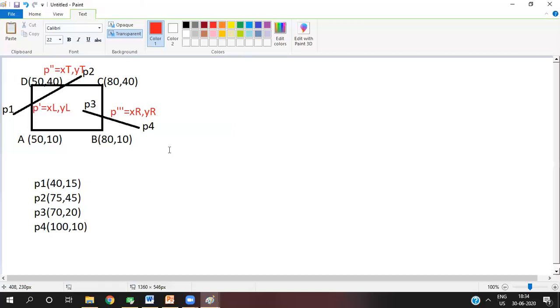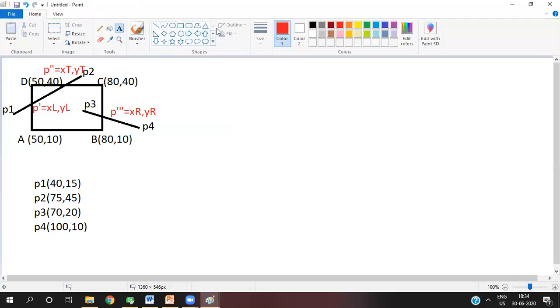Okay, this is the intersection point. I will just highlight the intersection points with the green color. This is the intersection point. This is the intersection point. Here is the intersection point. Fine. Now let's see how to calculate the intersection points over here.